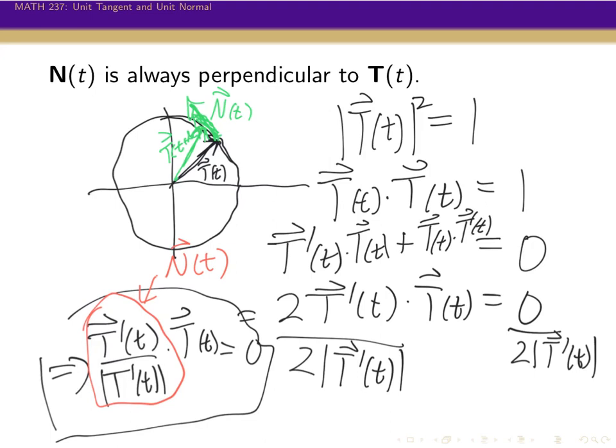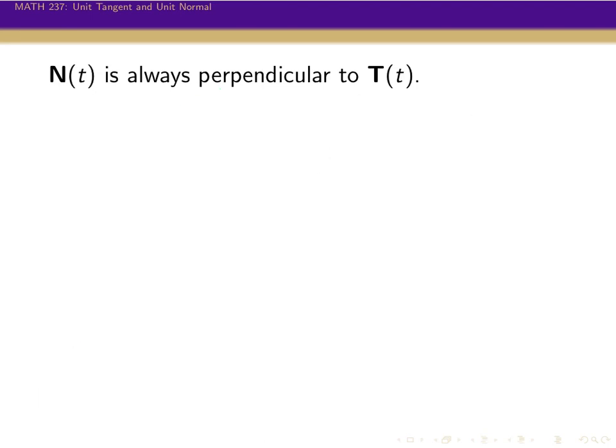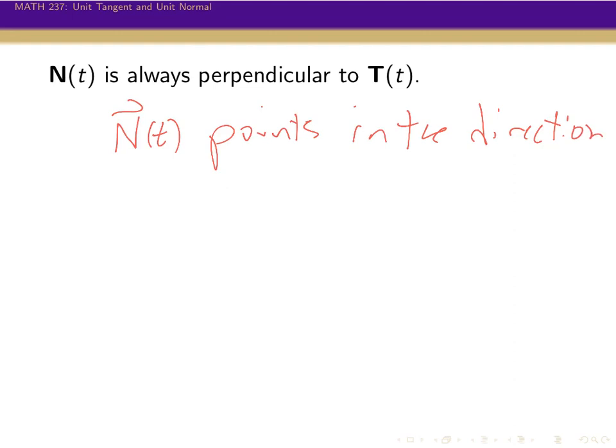Okay, so the unit normal vector, N of t, points in the direction the curve is turning.